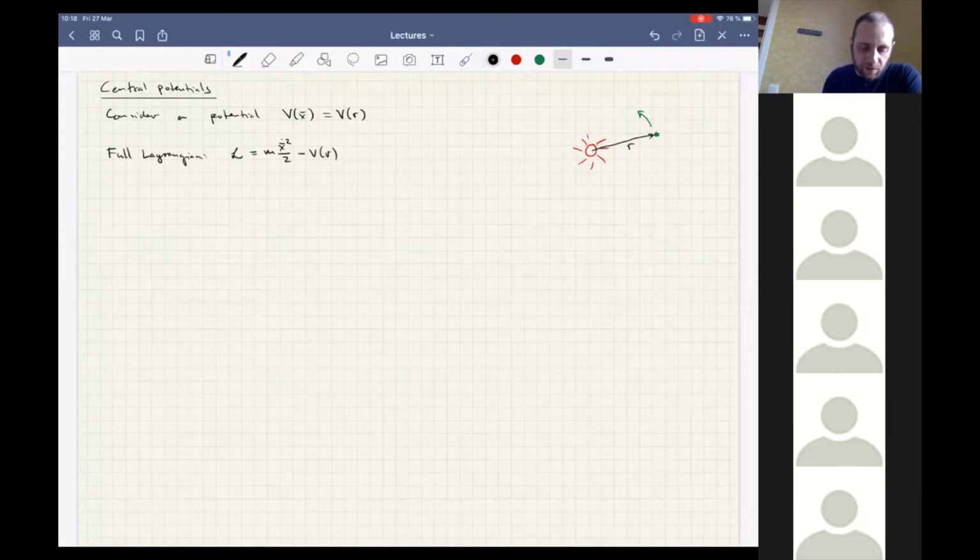Now, since this Lagrangian does not depend on time, we have time translation symmetry. So this tells us that this Hamiltonian, which is going to be equal to m x dot squared over 2 plus V of r, as we call it, is going to be a constant of motion.